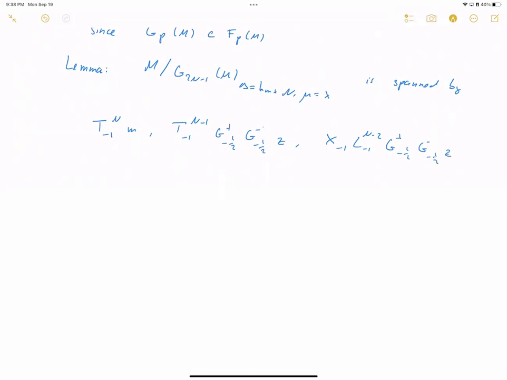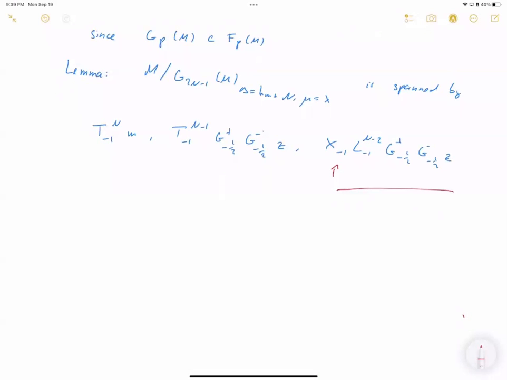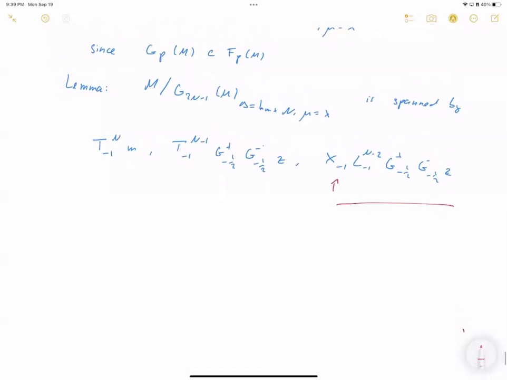Now, if we think about the C1 condition, this x minus 1 tells us that this vector is already in the C1 subspace, but the other two are not. But what it tells us is that anything in this G_{2n minus 1} is already in the C1 subspace. So our singular vector can be written as a linear combination of these three plus something in the C1 subspace.